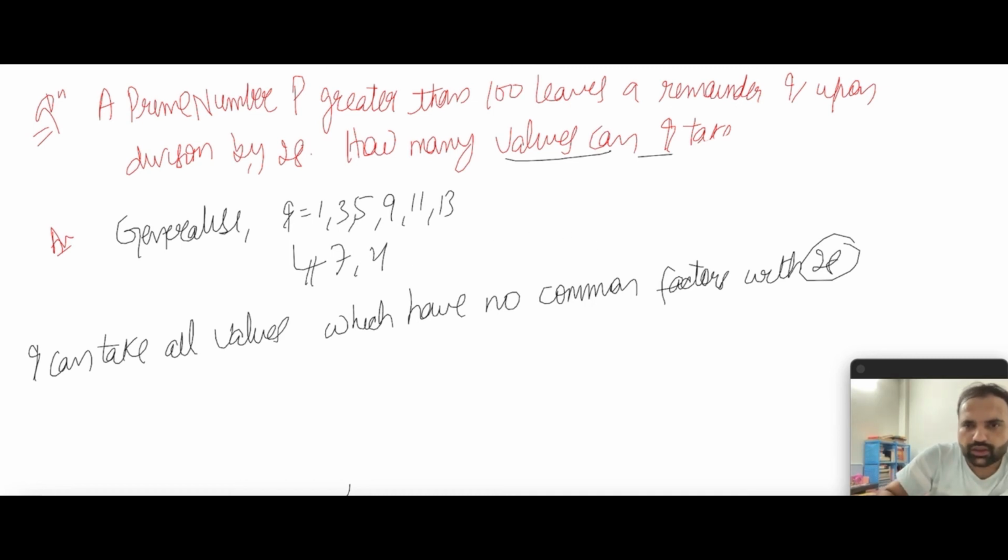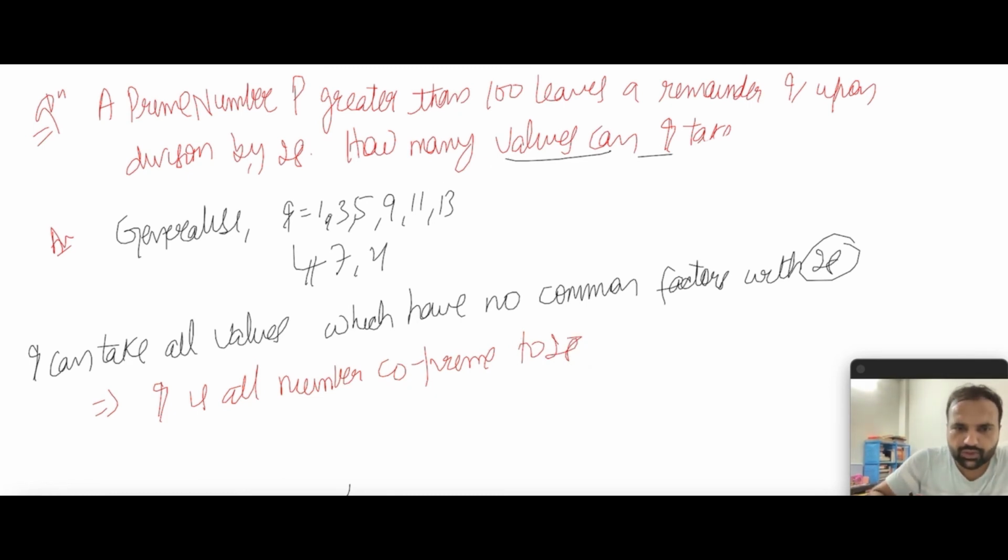So also can we write that q is all numbers co-prime to 28, isn't it?